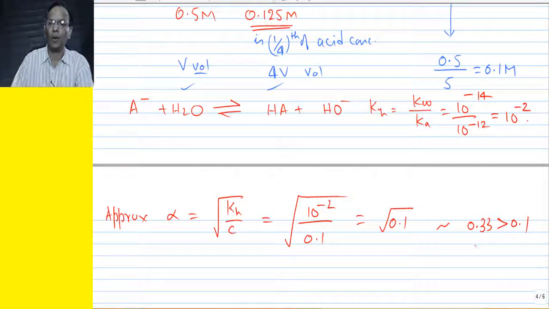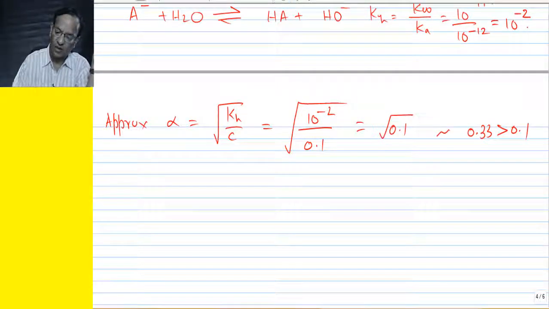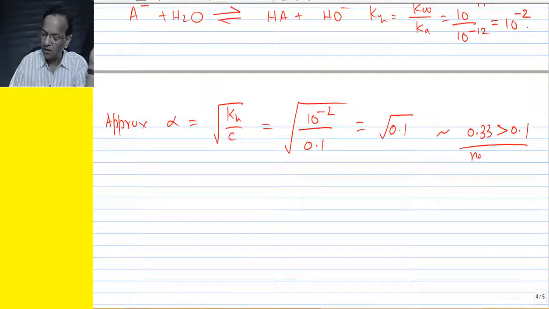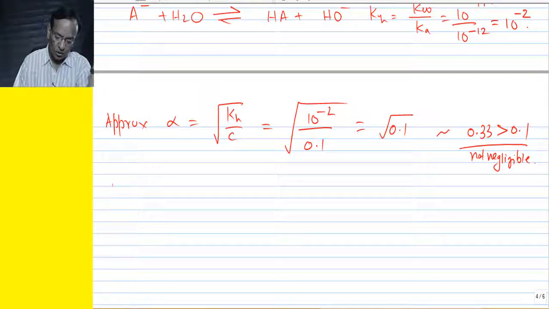So what we'll have to do? We'll have to solve the quadratic, since it is not negligible. So Kh is equal to C alpha square upon 1 minus alpha.